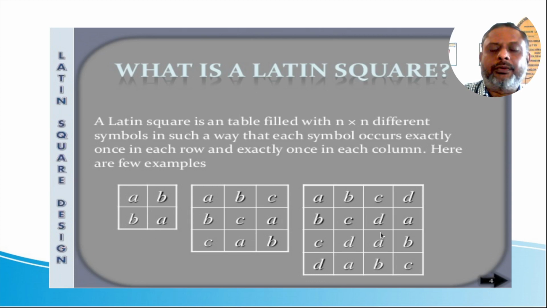So if you go for 4 variables, then it is 4 by 4. So you can see A, B, C, D is there in each row occurring only once, and A, B, C, D all are occurring only once in each column. So this way what would happen is, row wise, column wise, if the row is used for say a seed type and columns are used for say pesticide, then we can look for all possible combinations of the fertilizer.